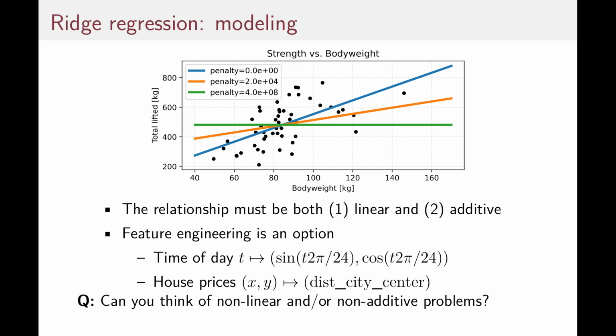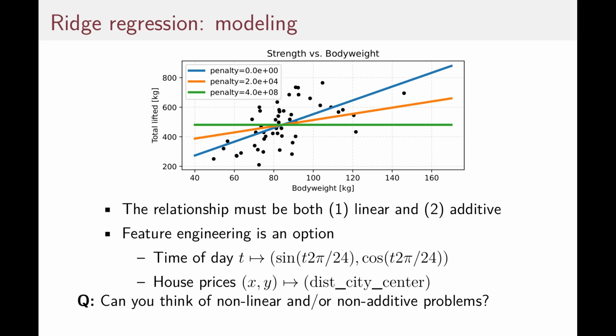House prices. So imagine you have latitude and longitude, and you're trying to predict the price of a property. Do you really believe that there's a plane sitting above the latitude and longitude that tells you the price of the apartment or the house? Probably not.